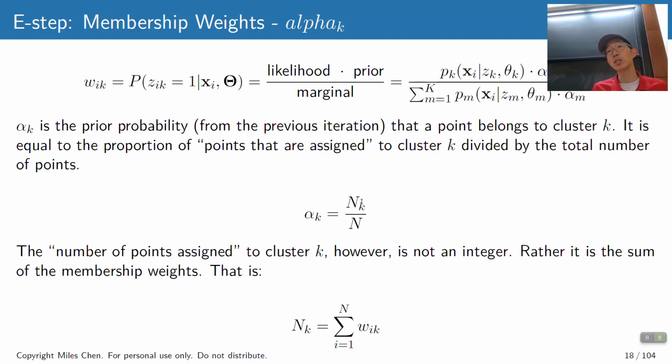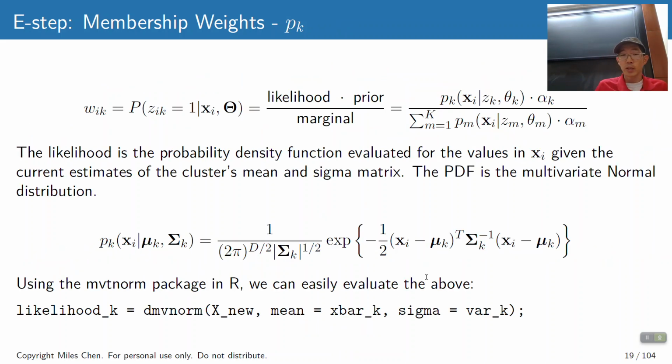It's not going to be an integer value. It's going to be the sum of all of the membership weights for cluster 1 and the sum of all the membership weights for cluster 2. You can think of this as an analog for the number of points assigned to cluster k, but it's not an integer. It is the sum of the weights, some real number with a decimal value. Okay. Does that make sense for the membership weights?